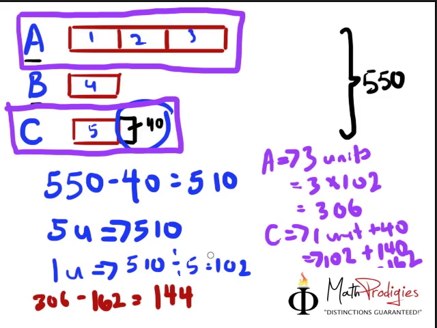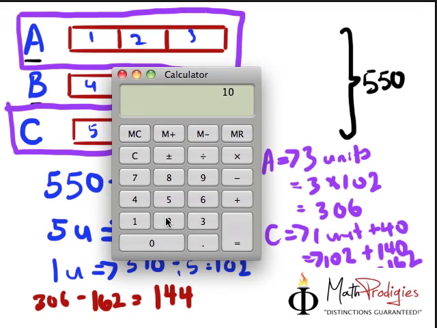144. Or another way of putting it is saying Abigail has 2 units minus 40. So 2 units is equals to 102 times 2 minus 40, which gives you the answer of 164. That's weird. What's going on?